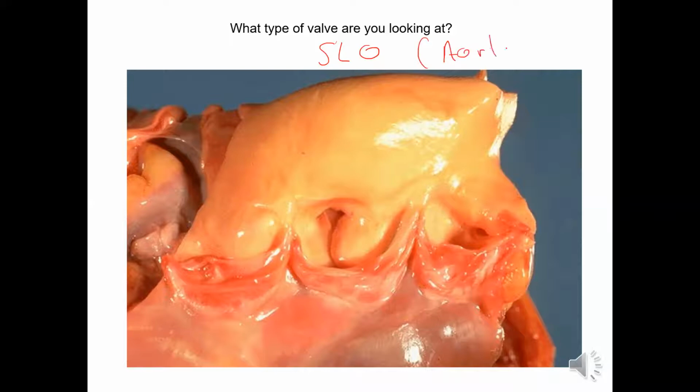The only reason I know this is because here's the opening for the left and right coronary arteries. And where did I say that was? Above the valve off of the aorta. Everybody with me? And here's the cusps. You don't have to count cusps. Don't ever count cusps, you'll get lost. Here's the cusps that prevent the backflow.